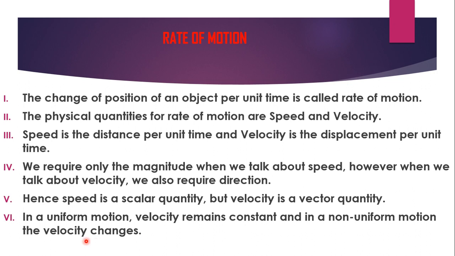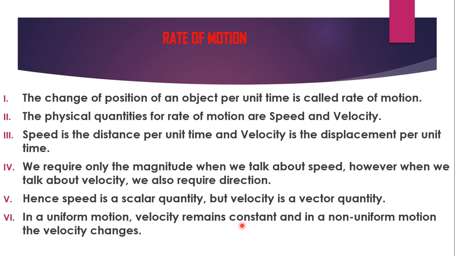In previous slides, we just discussed uniform motion and non-uniform motion. We defined uniform motion as equal amounts of distance covered in equal intervals of time. So if an object is covering equal distances in equal intervals of time, that means the velocity of that object is not changing.